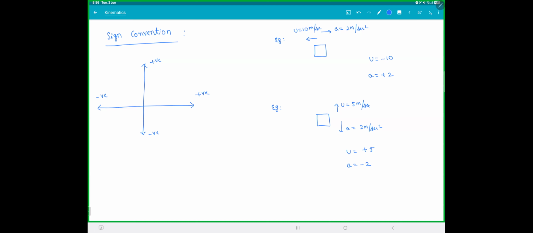Anything that is pointing right is positive, anything that is pointing left is negative. Clear with this? So today we'll be just playing around with these three equations. Any doubts on the formulas or the sign convention, please ask me. Advai, clear? Utsa? Yashvi? Great. Let's see a question.